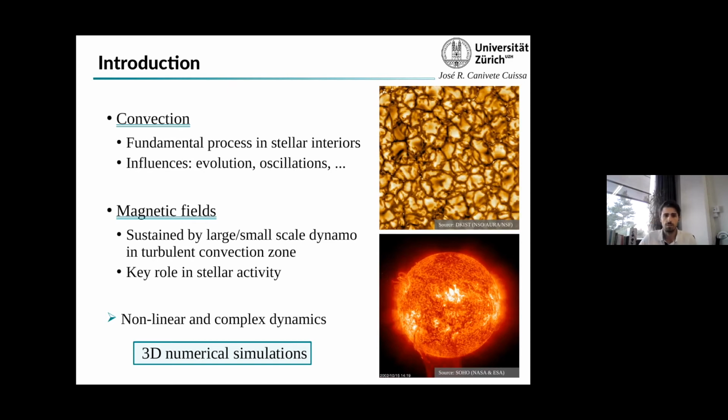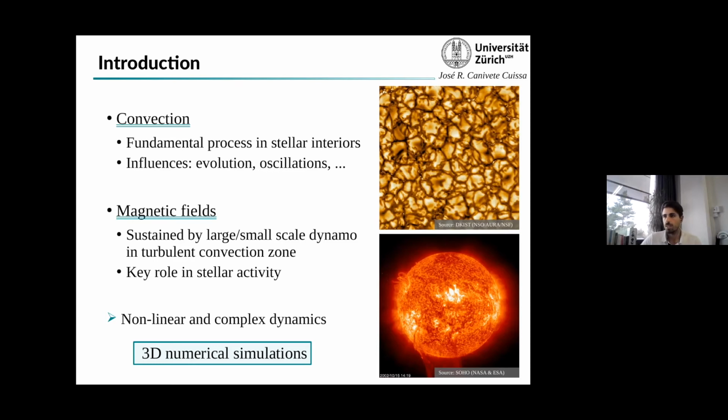So we know today that magnetic fields in stars must be sustained by some type of dynamo, large or small scale type. And in that respect, once again, turbulent convection zones play a fundamental role. Magnetic fields, of course, are very important in stars because they play a key role in their activity.